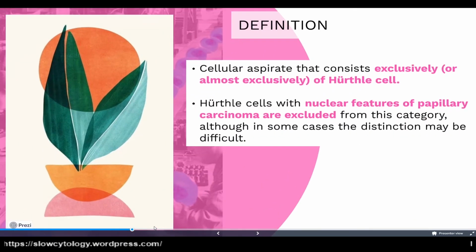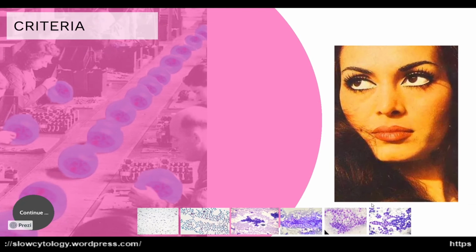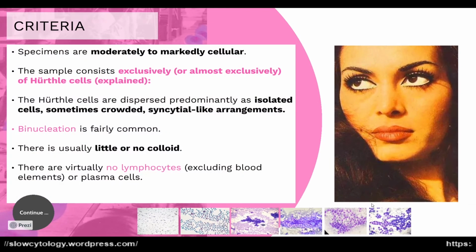Aspirates consist exclusively of Hurthle cells. However, Hurthle cells with nuclear features of papillary carcinoma are excluded from this category. The Hurthle cells are dispersed predominantly as isolated cells, sometimes in crowded syncytial-like arrangements.